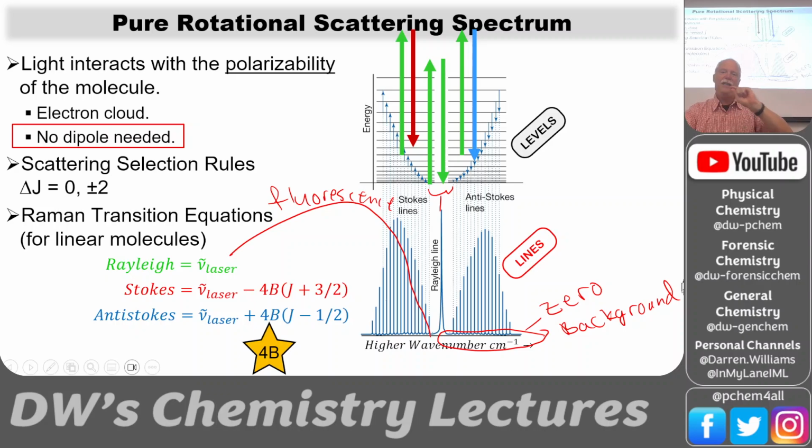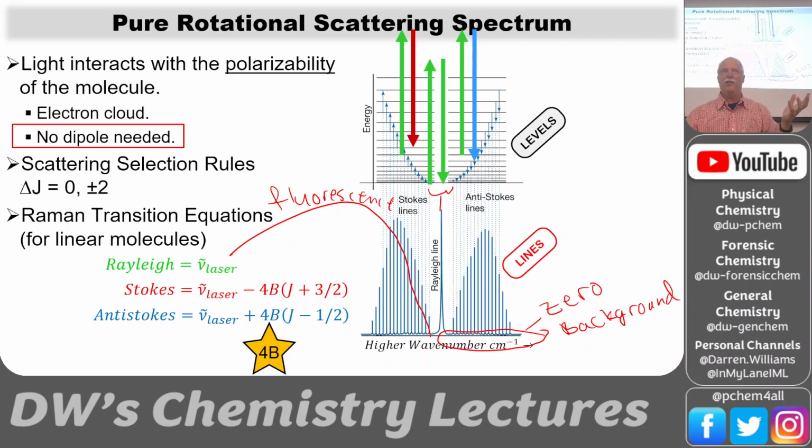It's very easy to get anti-Stokes with pure rotational Raman, but for vibrational Raman, you have to have an excited state, and these vibrational levels are thousands and thousands of Kelvin, so it's not real easy to get anti-Stokes vibrational Raman.